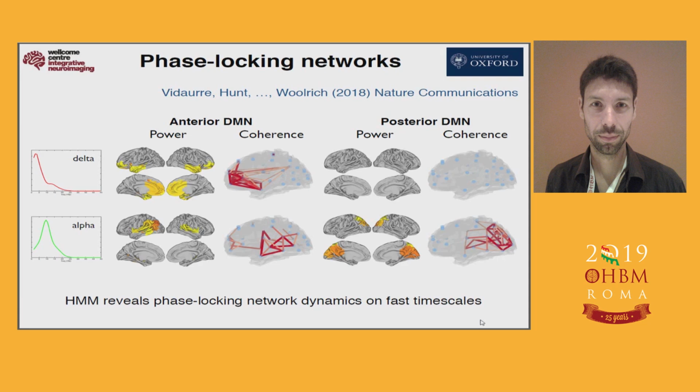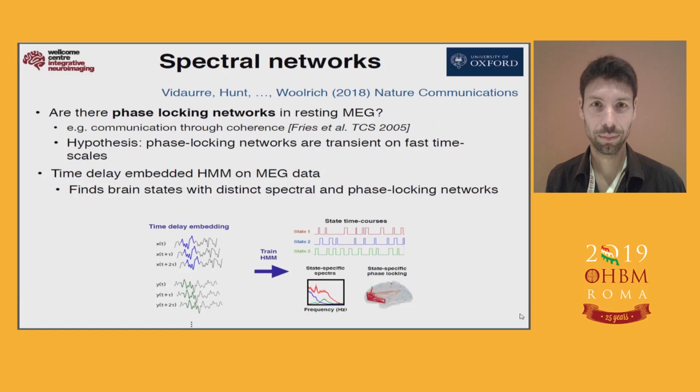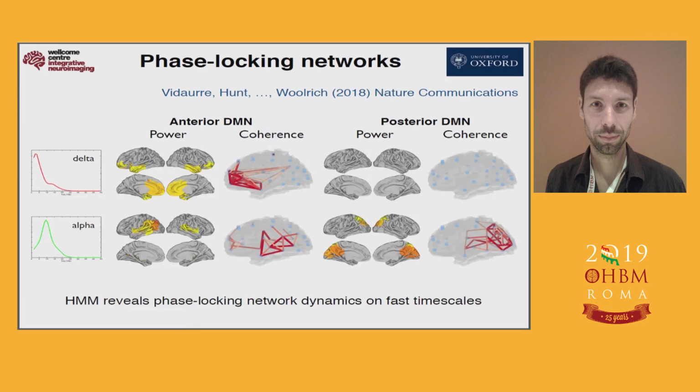And also in alpha it has more angular gyrus and also a little bit of PCC. The other one instead has no remarkable features in the slow frequencies, but it has power and phase coupling with the PCC and also the angular gyrus. So it seems like the DMN is split into two different components. And indeed, this is exactly what happens.